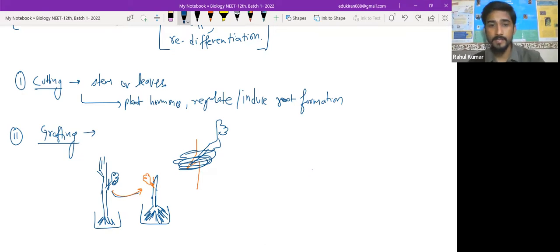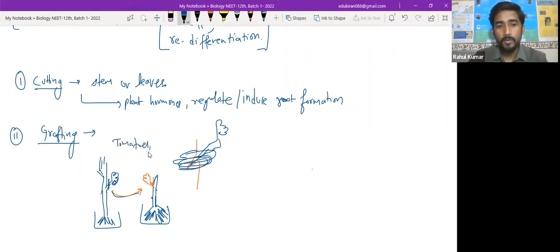Many fruit trees are propagated through grafting, because once we find a good root system which is very, very productive, we would like fruits to be grown on that system. Okay, so write down tomatoes, avocado is an example. Rose can be propagated both through cutting and also through grafting.